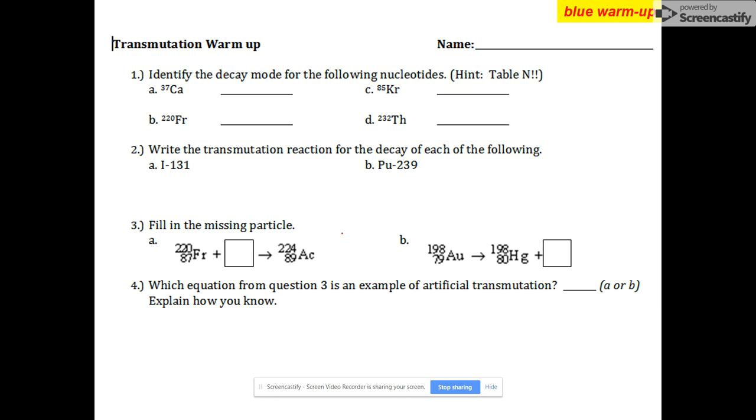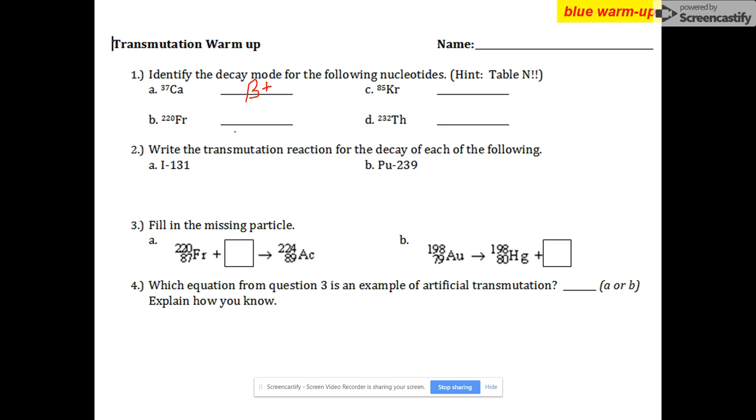Okay, now let's have a look at that. Hit pause if you haven't done this warm-up yet. It's blue, it's a full page, and let's go through this warm-up. Okay, find the decay mode. You're going to use table N to find the decay mode for these types of isotopes. Calcium 37 looks like it has positron decay.